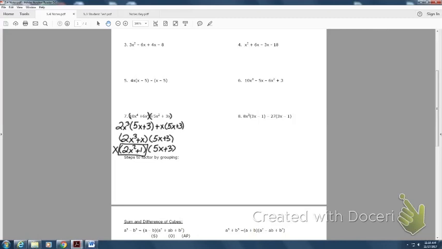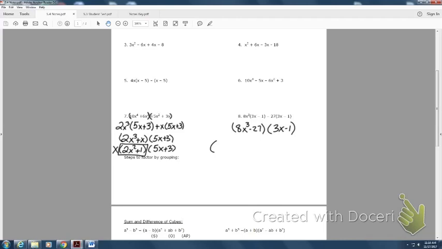Let's look at 8. So it's already set up for grouping. And we're actually going to talk about that situation, that first binomial.